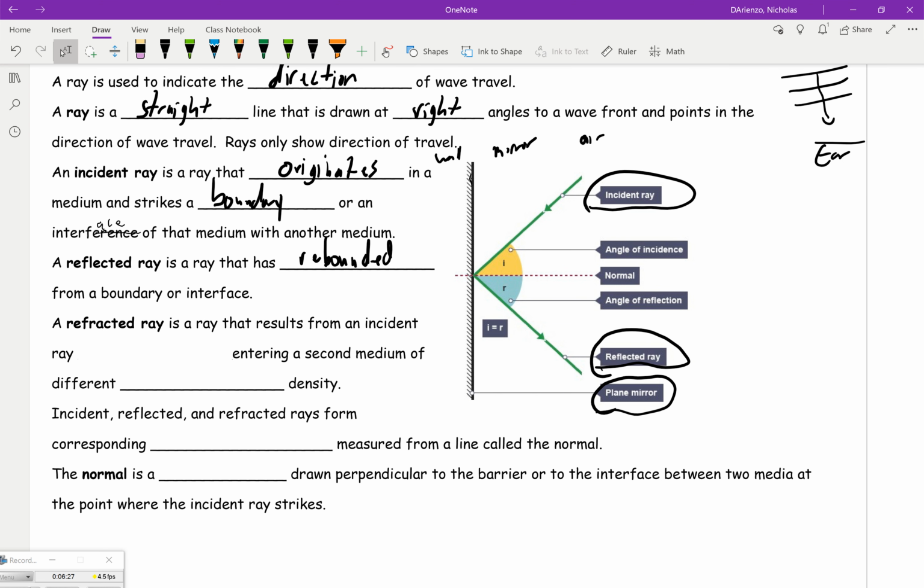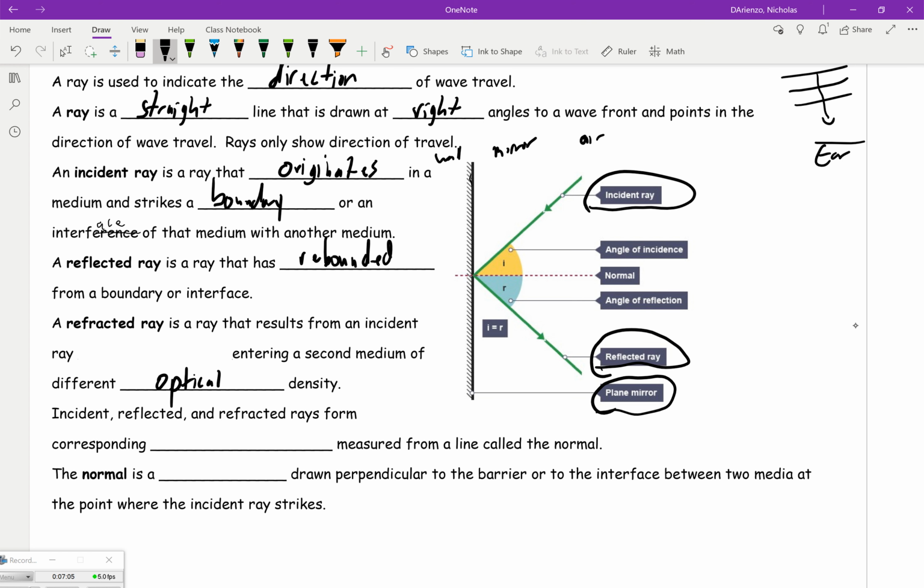Now a refracted ray, which we don't see on this particular diagram, is a ray that results from an incident ray entering a second medium of different optical density, meaning that the materials that make up those two different mediums have different densities, and therefore the wave is going to behave differently in those two mediums because of the different density.